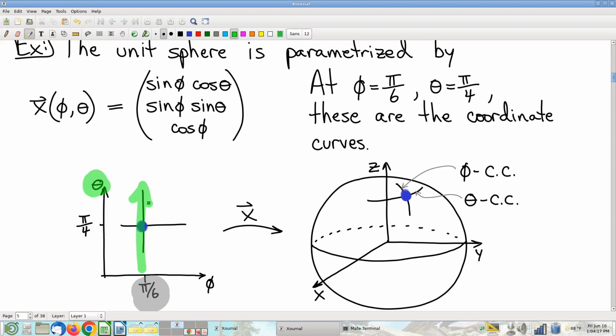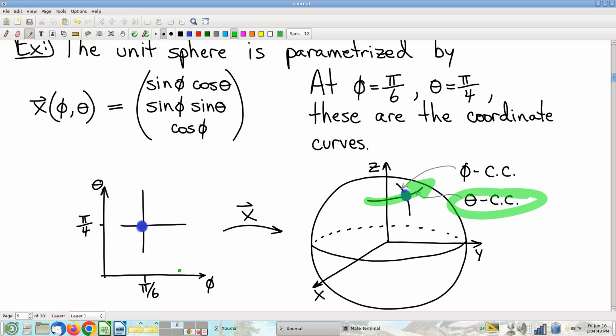But phi is stuck at pi over 6. So what happens then over here on our picture when I do that? Well, phi is stuck at pi over 6. Theta starts to decrease or increase. We get that right there. This is what we call our theta coordinate curve because position's a function of theta. Everybody with me?